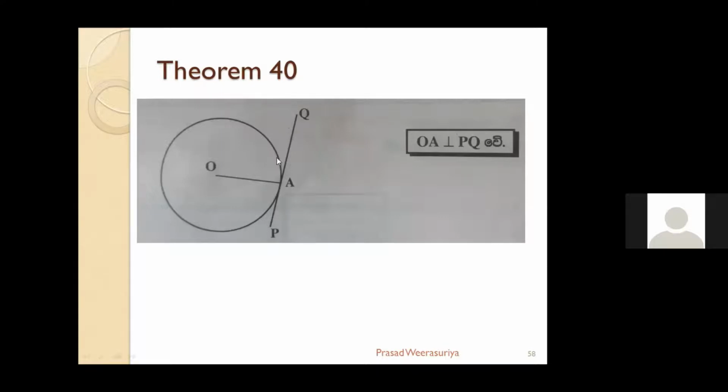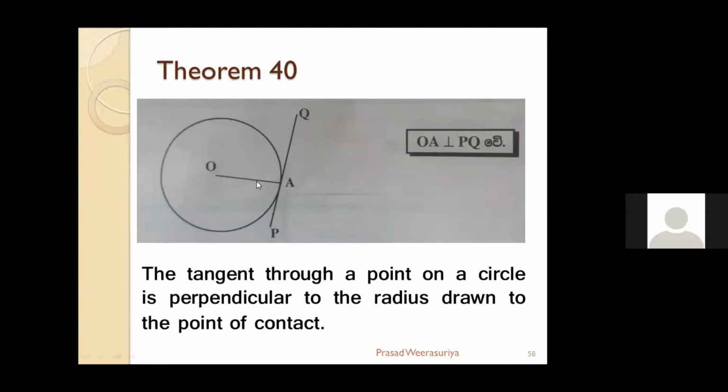This theorem says that this tangent and radius are perpendicular. The tangent drawn through a point on a circle is perpendicular to the radius drawn to the point of contact. This A is called the point of contact. This is a tangent. Then the tangent passes through only one point on the circle, right? There should be only one point of contact.